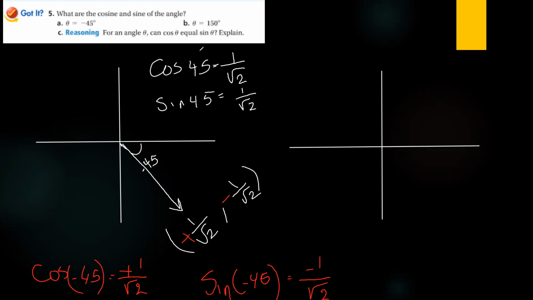Let's now find the angle 150. Here now you have to ask yourself, where is angle 150? Is it between 0 and 90 or between 90 and 180? Between 90 and 180. Exactly, so it could be here.